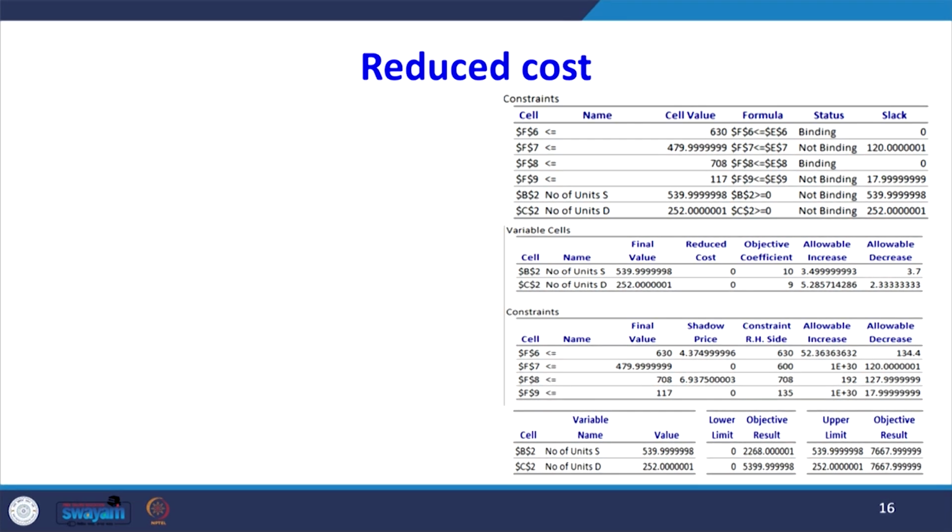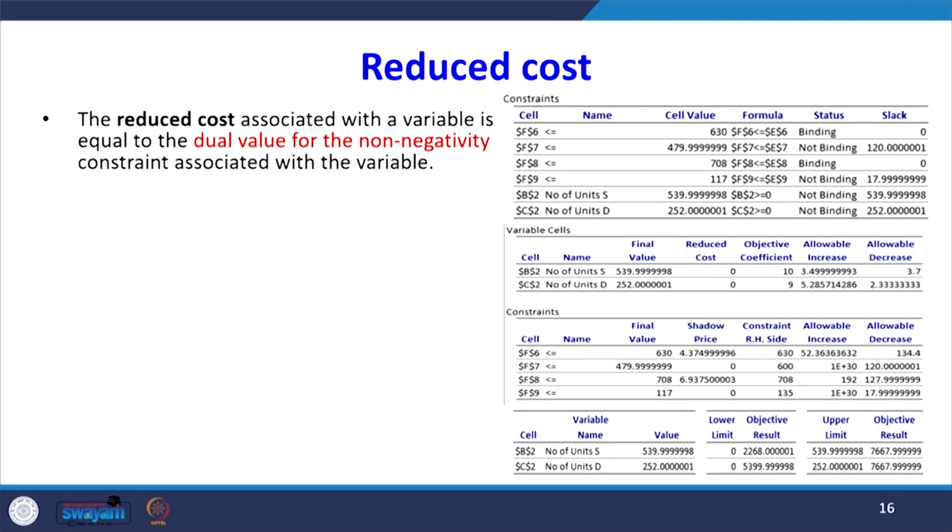Another term we are going to discuss is called reduced cost. This is also a kind of dual value. The reduced cost associated with a variable is equal to the dual value of the non-negativity constraint. Where is the reduced cost? Here.